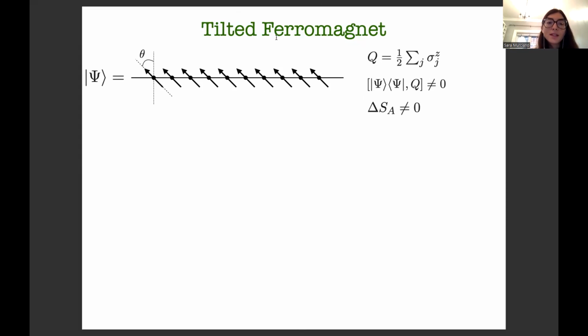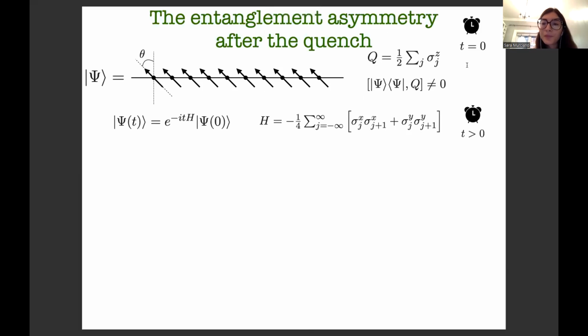Now we choose this tilted ferromagnetic state as the state at time t equals 0 for a global quantum quench, where the state evolves with a Hamiltonian, the XX Hamiltonian, that on the other hand preserves the U(1) symmetry. So this is the quench protocol that we're interested in: the tilted ferromagnetic state evolving with the XX spin chain Hamiltonian.